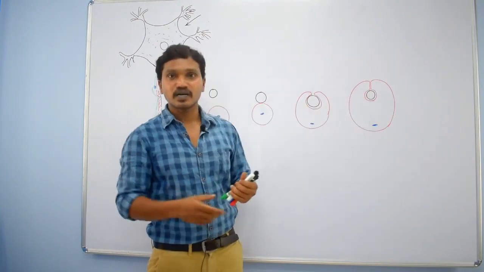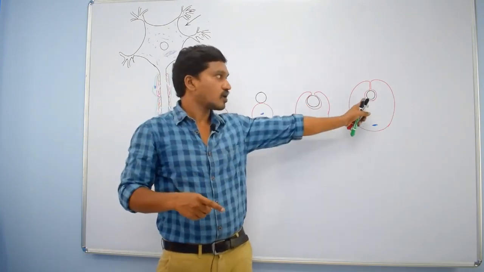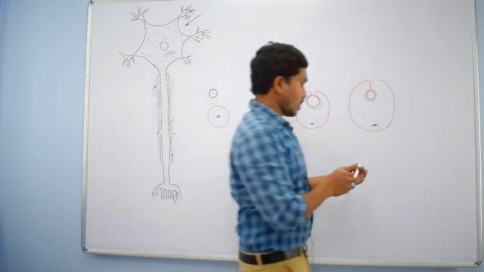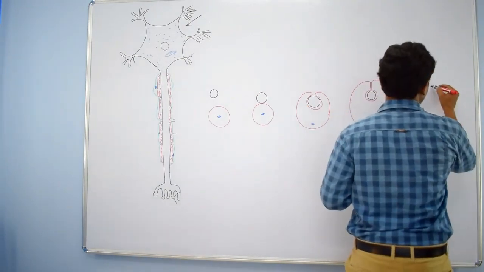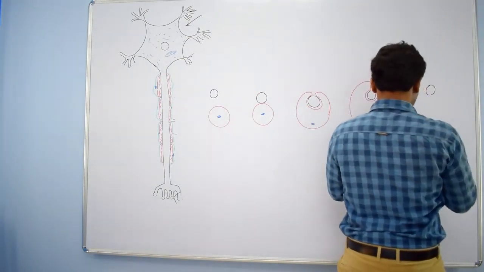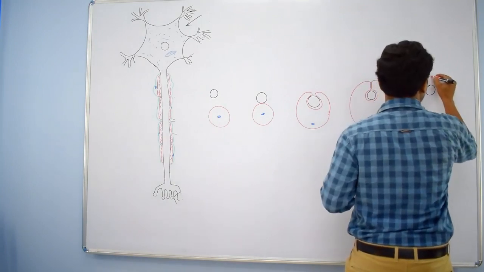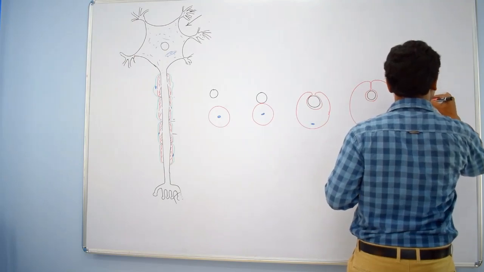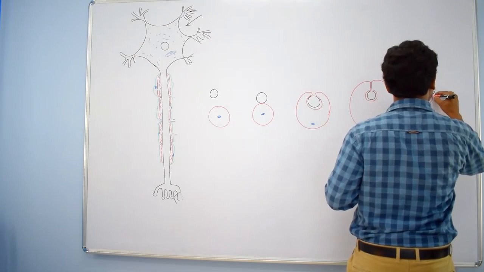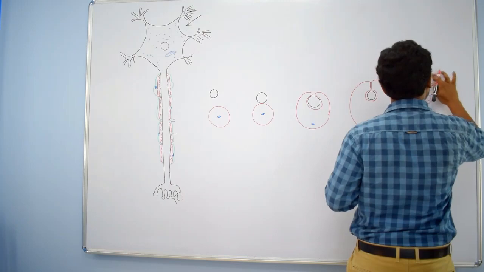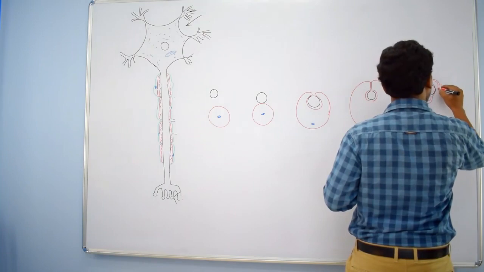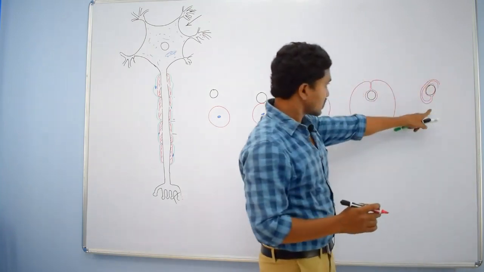Then this mesaxon spirals around the axon. That means it winds around the axon. How? This is the axon and this is the mesaxon. So see, this is the mesaxon, no?